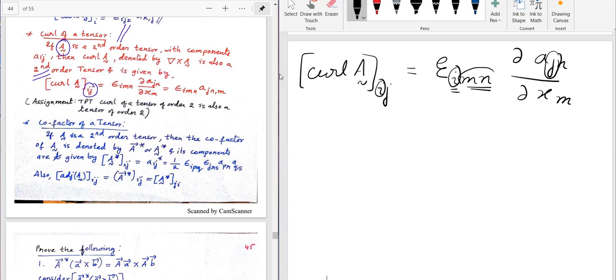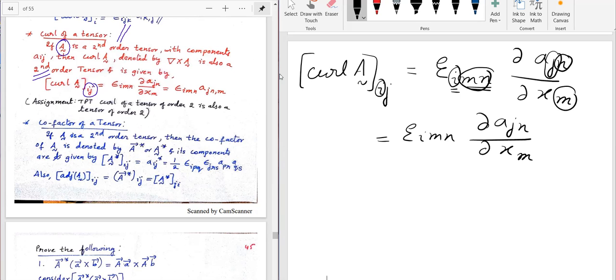If I have mn for epsilon, it is the reverse here: first n, then m. Fine. So let me rewrite that. That is equal to epsilon imn dou a jn by dou x m.